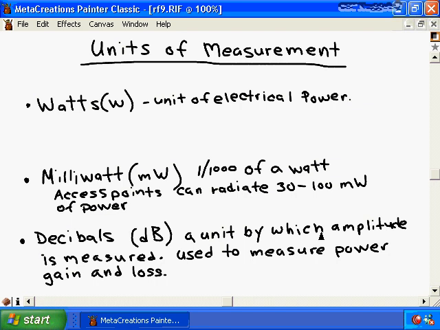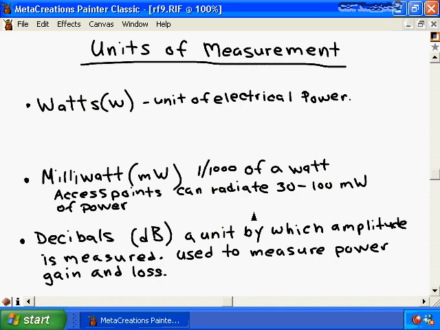Well, on a linear scale such as watts, it's used to measure points of absolute power. An absolute power measurement refers to a measurement of power in relationship to some fixed reference. So, for example, on a linear scale such as watts, it uses a fixed reference of 0. So if you have 0 watts, you have no power.